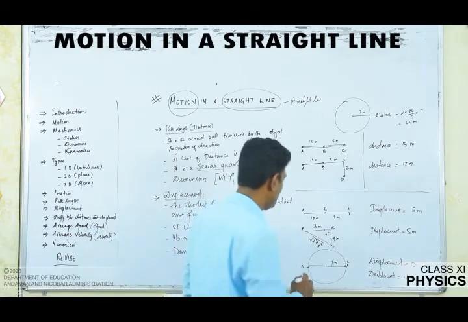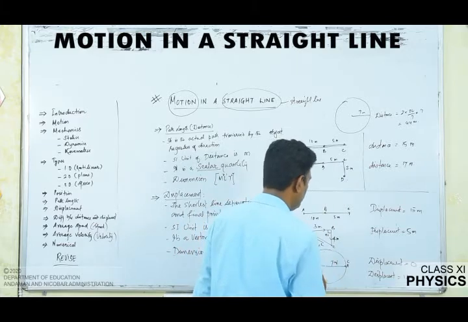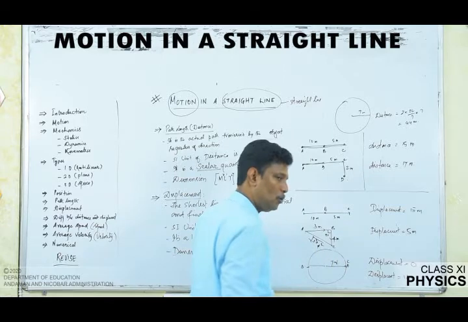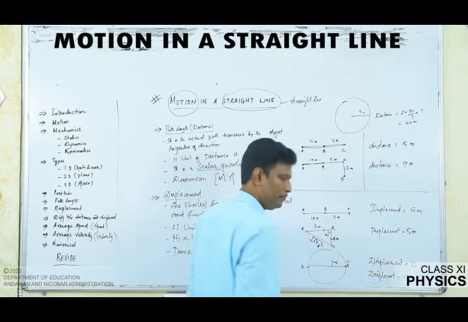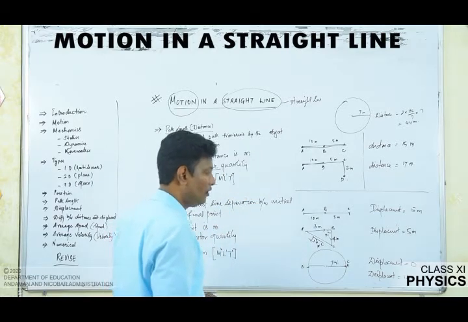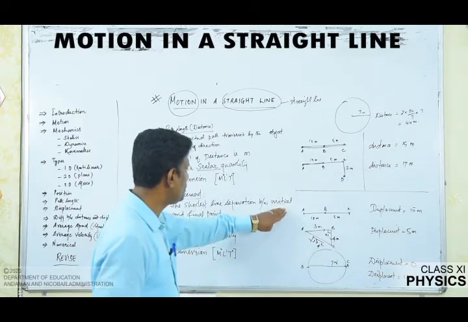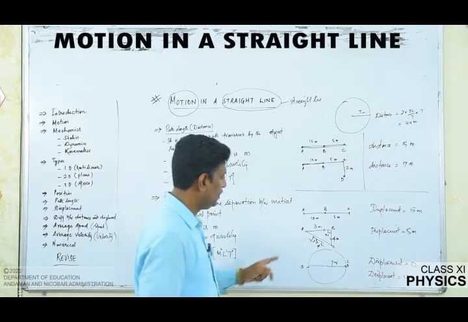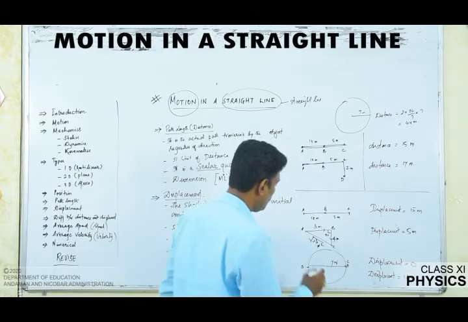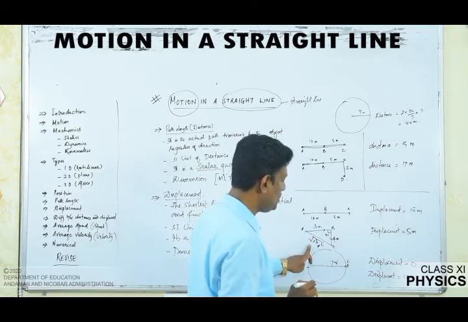Let us have another example. An object is moving from A to B, covering 3 meter, and B to C downward covering 4 meter. Here we need to calculate the displacement. For calculation of displacement, what do we need? Just 2 points, the initial point and the final point. Here the initial point is A and the final point is C, joining AC. So we need to find AC.